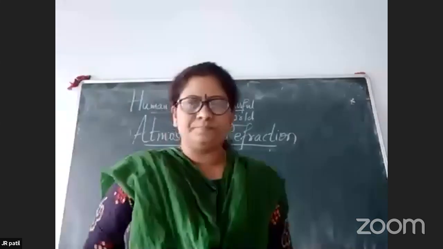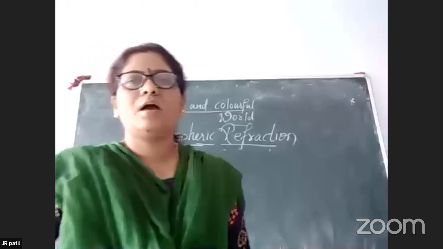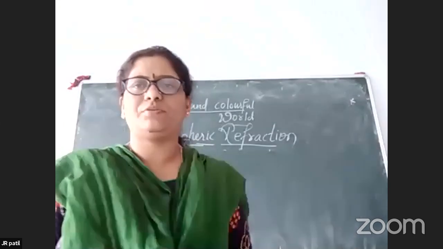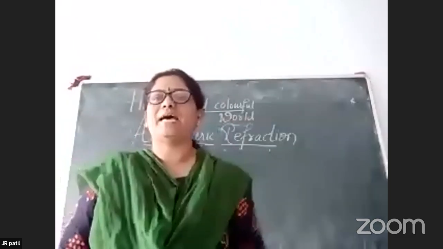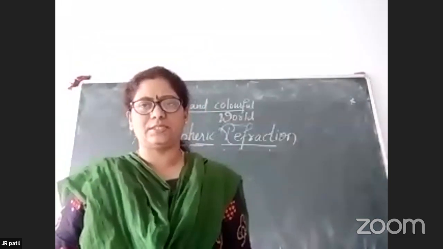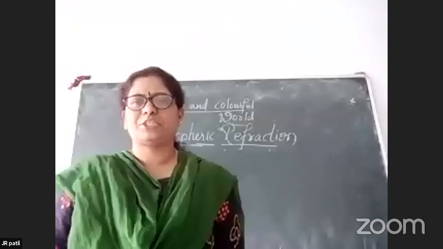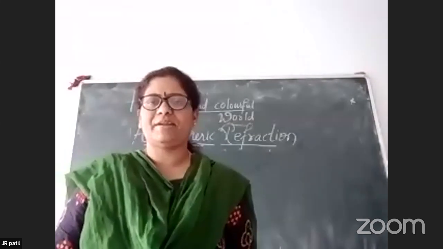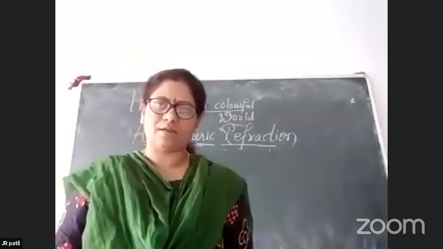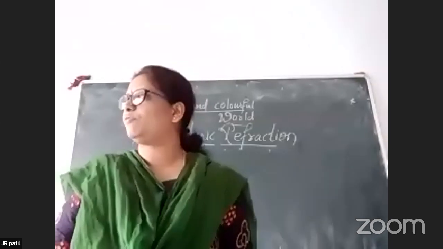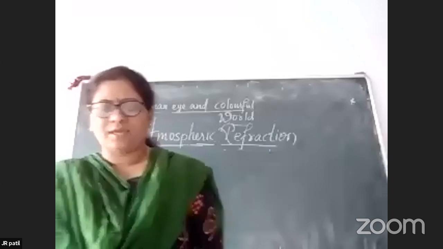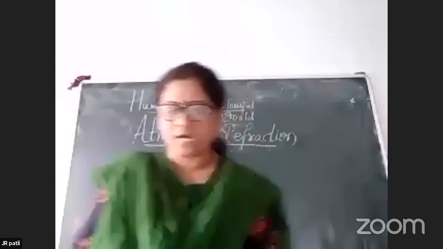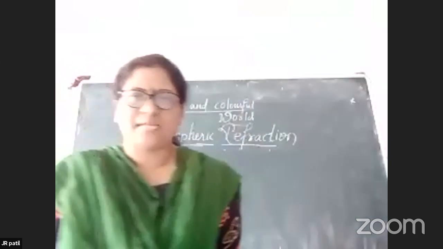Atmospheric refraction, we have seen, is because of the difference in density due to the different gases of different density which are present in the atmosphere. The refraction takes place, and that refraction we call atmospheric refraction. One application of atmospheric refraction is the rainbow, we have seen yesterday. And what is the reason for the twinkling of stars? The stars actually don't twinkle.